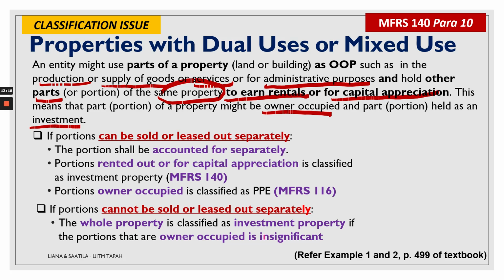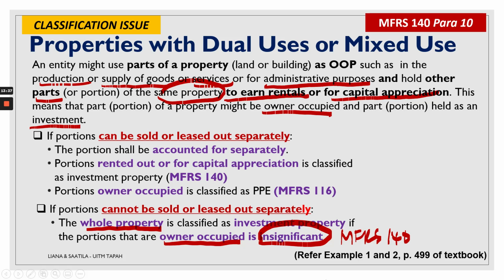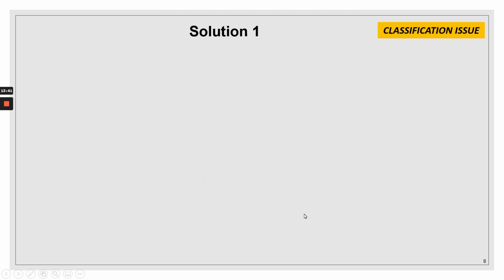So if the portion held as owner-occupied is insignificant, the whole property will be accounted for as investment property, which is under MFRS 140.